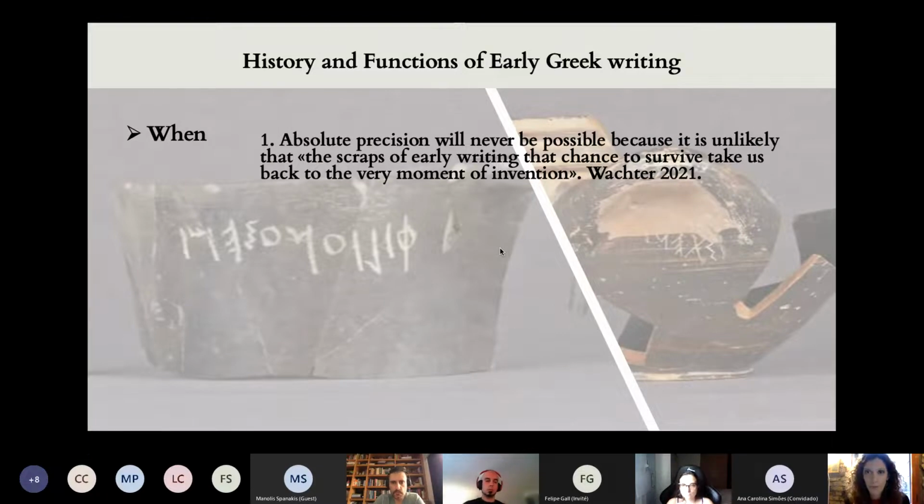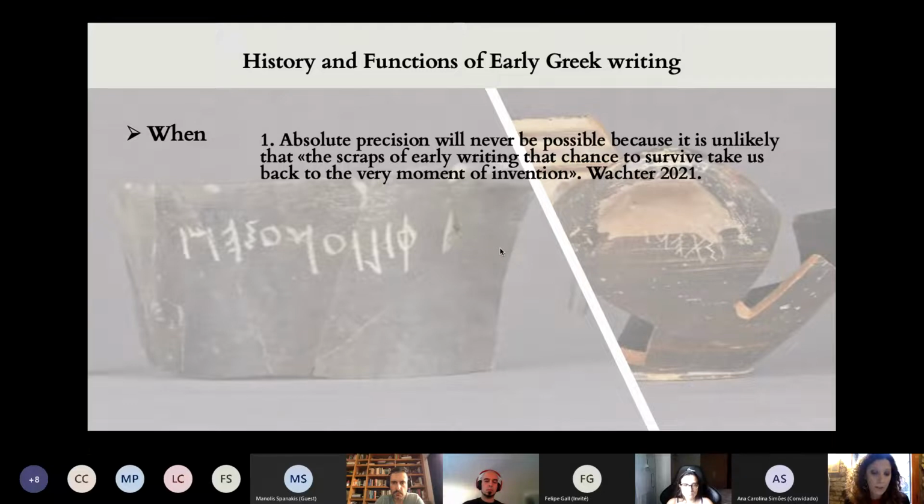To the first question, I have to say that we cannot have the absolute date, of course, and I'm quoting Vesta here, because it's maybe the latest discussion about the first stage of the alphabet. We don't have the chance to see the very moment of invention, also because the first stages of the alphabet were probably on perishable material.